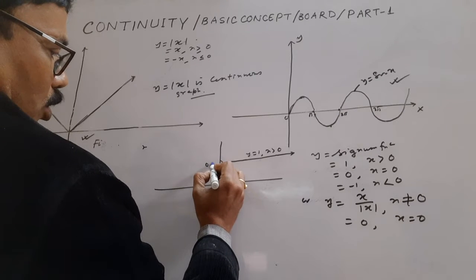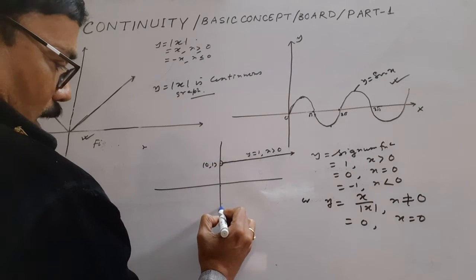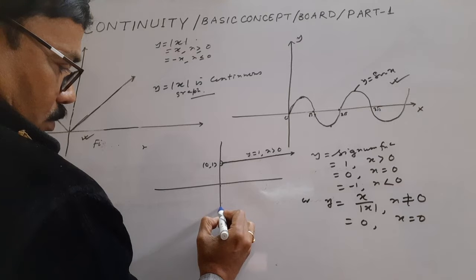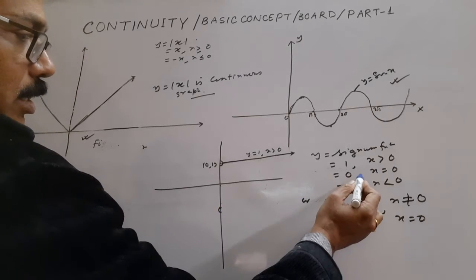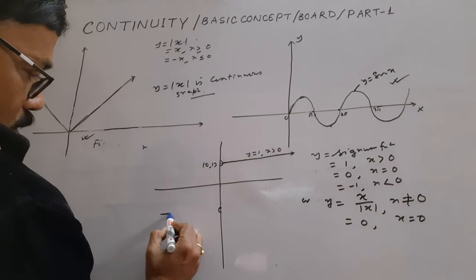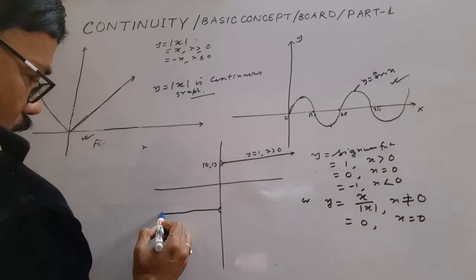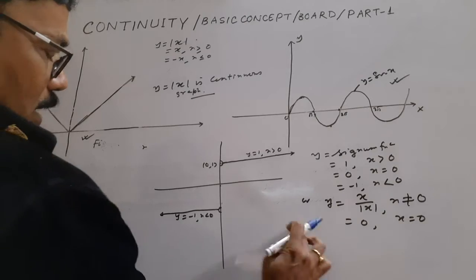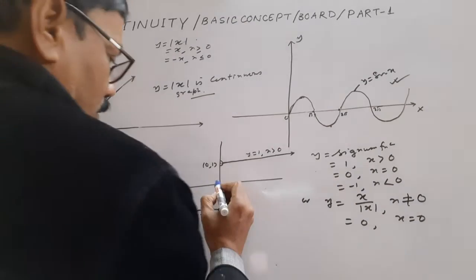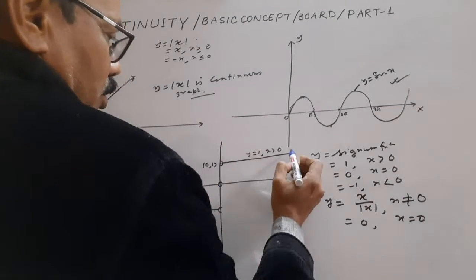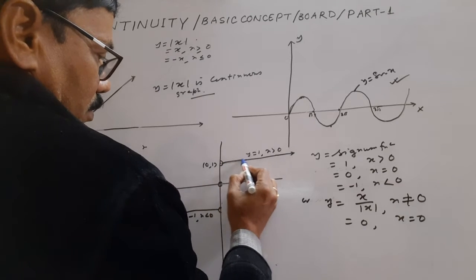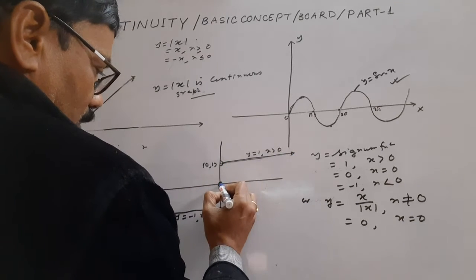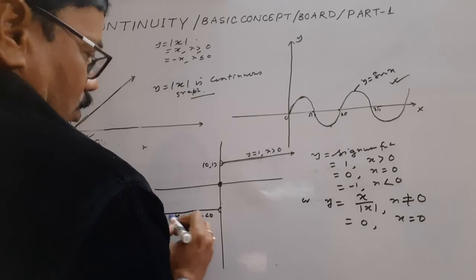So this is 0, 1. And y equals to minus 1 for x less than 0. So look, it has a contribution for y equals to minus 1 for x less than 0, this part not. And at x equals to 0, it is 0. So look at the graph, this one, then this point, then this one.